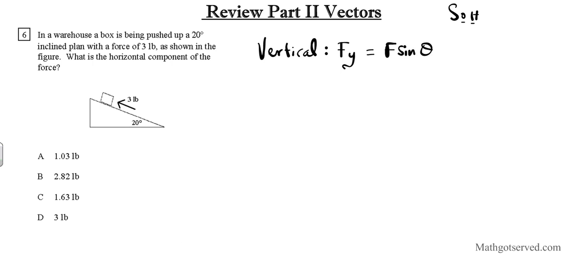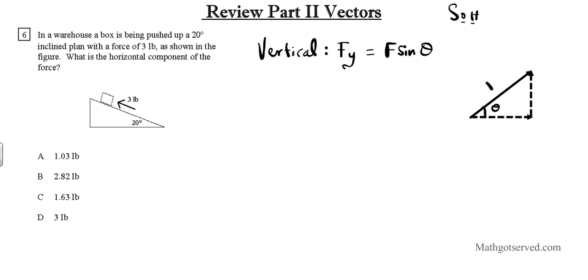So let me draw a graph of the situation so that you can understand what I'm talking about. Let's say you have a force acting at an angle. This is the horizontal component of the force, and this is the vertical component of the force. I'm going to draw it here, but it's the same thing. So this is the angle theta right here.